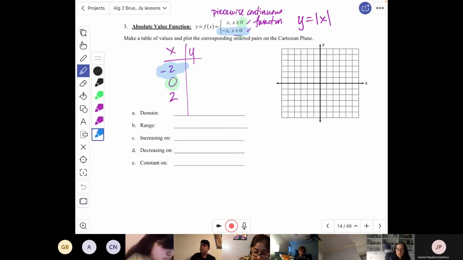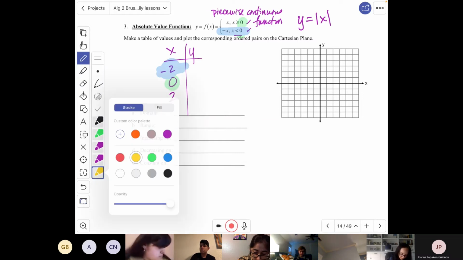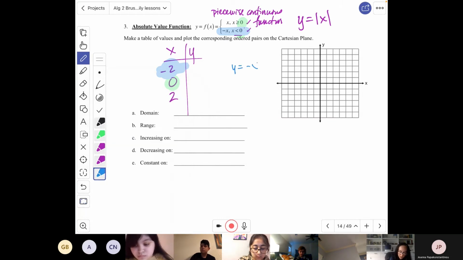So if I substitute into the second equation, y equals -x, when x is -2, what is y? I'm using y equals -x. So if x, that's tricky, if x is -2, what is y?